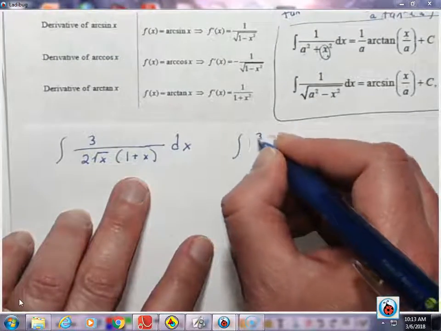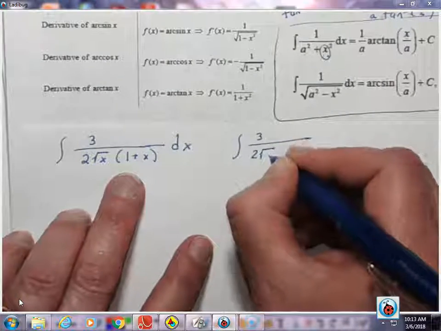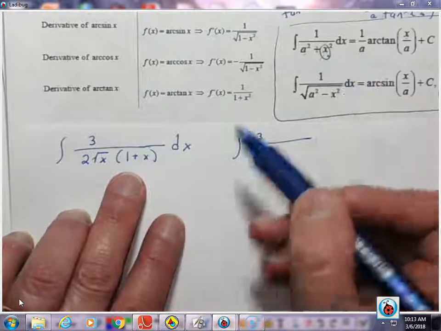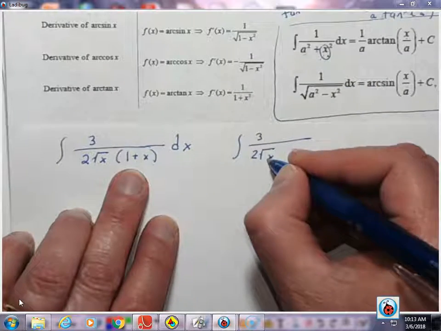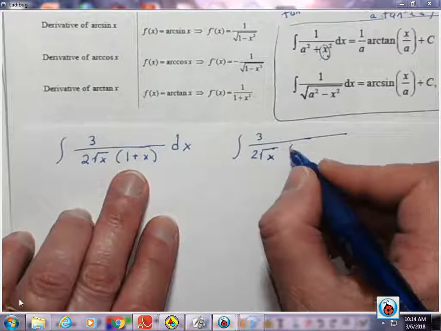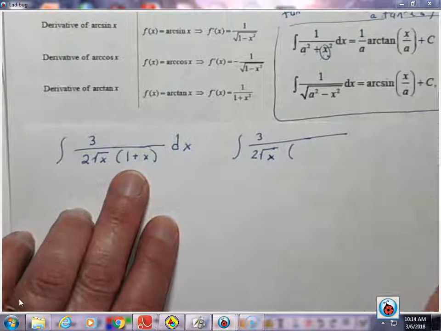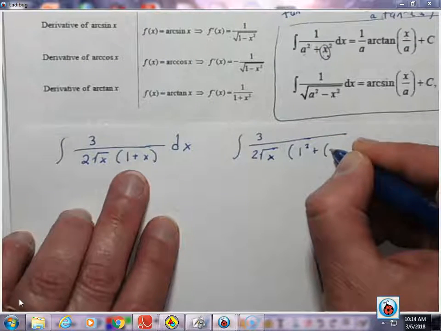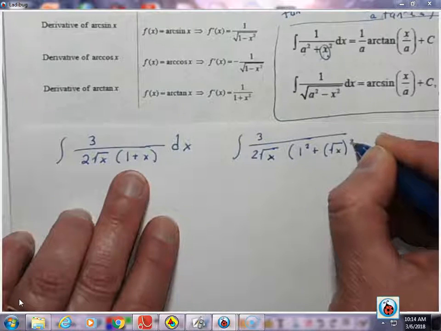But I'm going to rewrite this just a little bit. And given that you guys are thinking it's more likely arctan, then the 1 plus x, if I'm trying to make that look like a squared plus x squared, what could I make that? What would be a? What would be x? So it's like 1 squared plus square root of x squared.